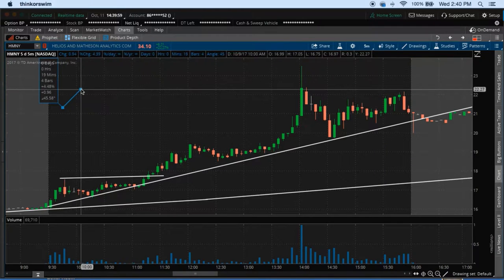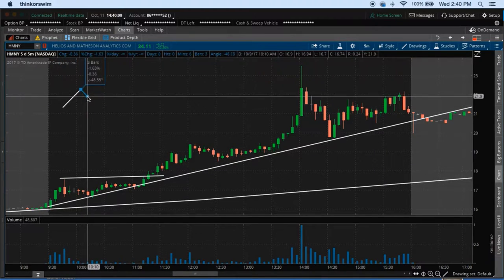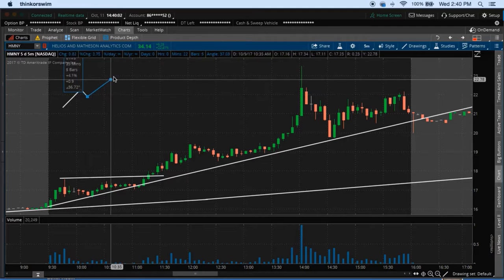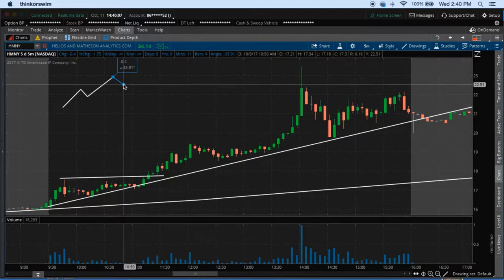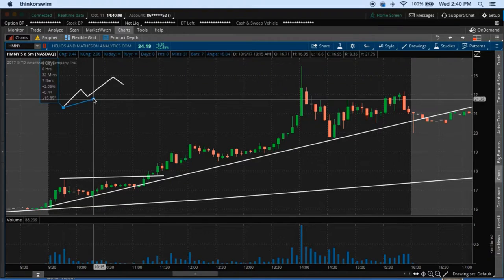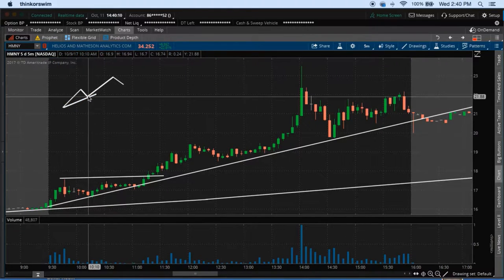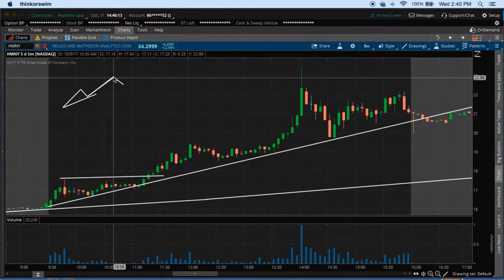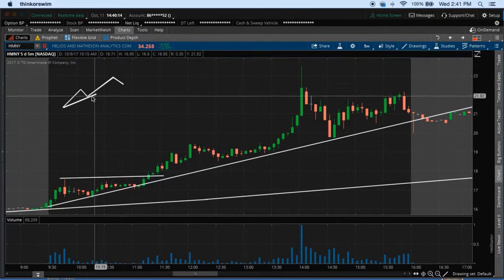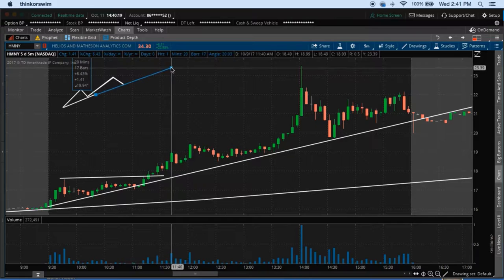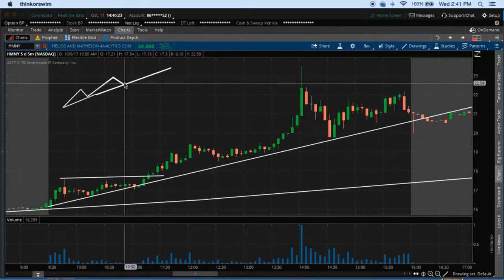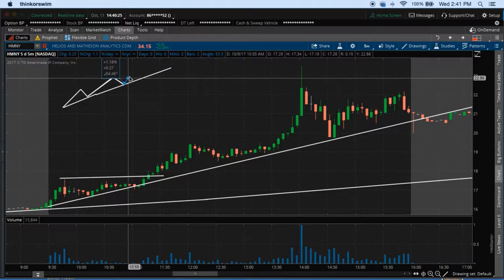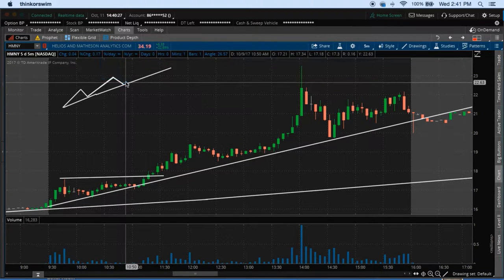So the initial move up, our first pullback to set in our first low of the day, then the move up, and then ideally we want to pull back again to confirm the trend, right? So that would be our trend initially, then we move up, and then we want to see it pull back, but not quite as low as this guy so that the trend stays confirmed. And now we can justify taking a position in here knowing that it's starting to bounce off the trend line, and chances are we're going to go up and continue higher.